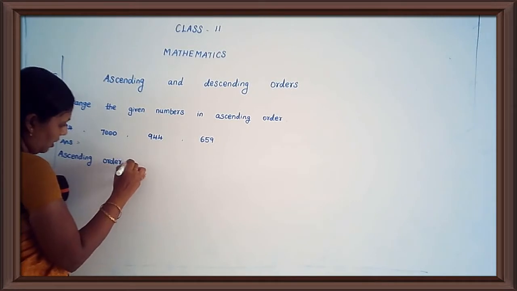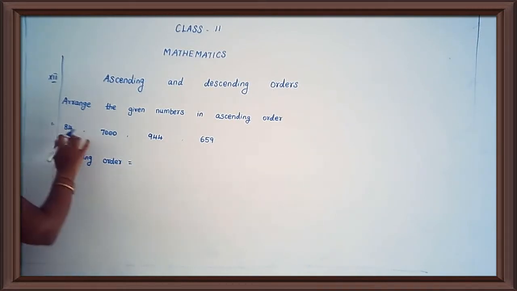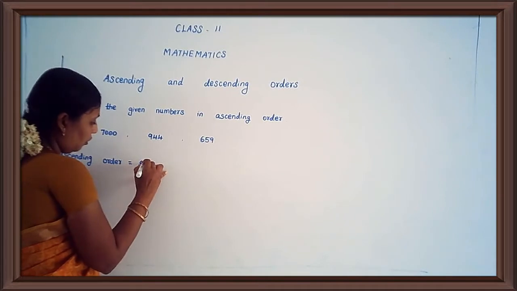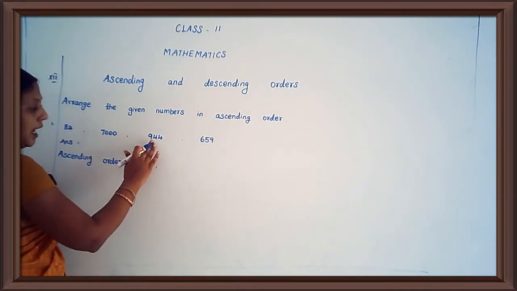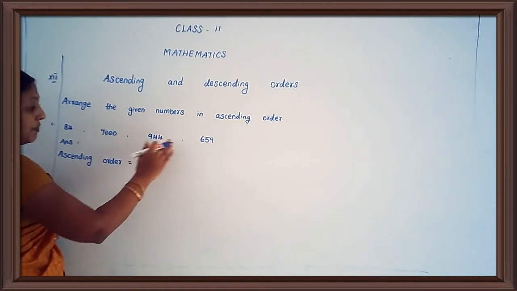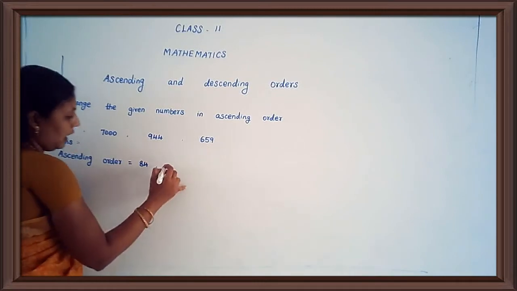Ascending order means we have to arrange the numbers small to big. Which one is the smallest number? The 2-digit number is the smallest number. The 2-digit number is 84. Then remaining two 3-digit numbers, 900 and 600. 900 is smaller or 600 is smaller? 600. So you take and write here 659.